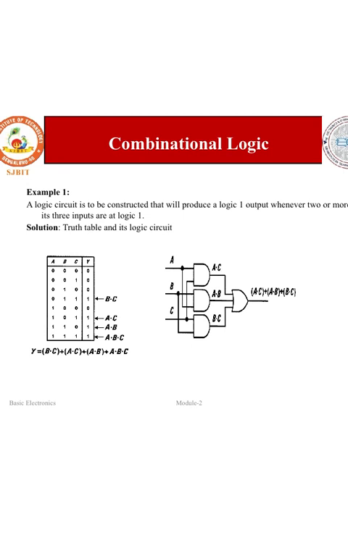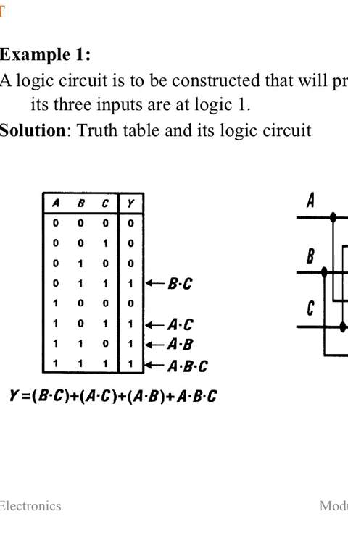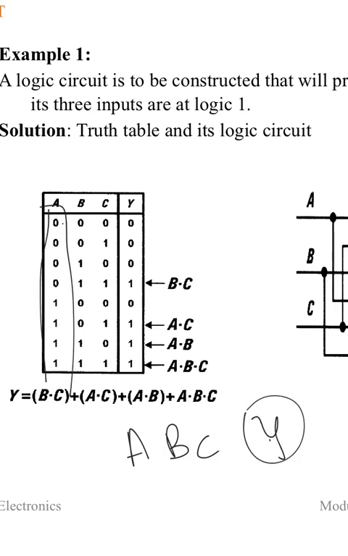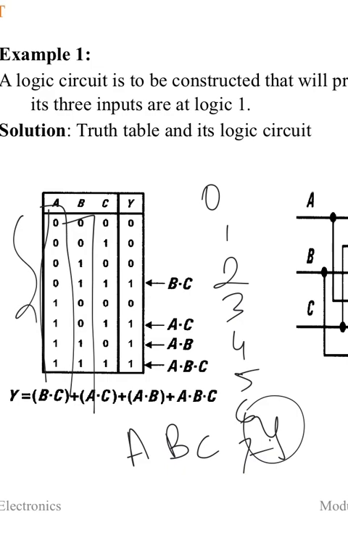In the question they have already given that if 2 or more inputs are 1, you need to realize it. So you take a truth table with inputs A, B, C and output Y. You write the binary input values, which go from 0 to 7. These are the inputs written in binary value.